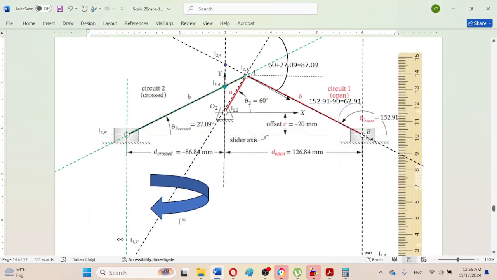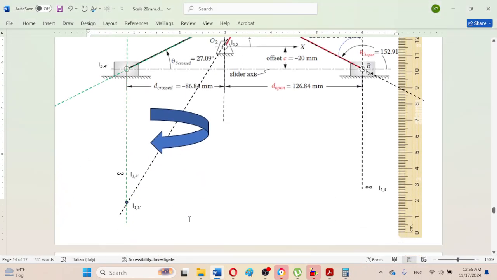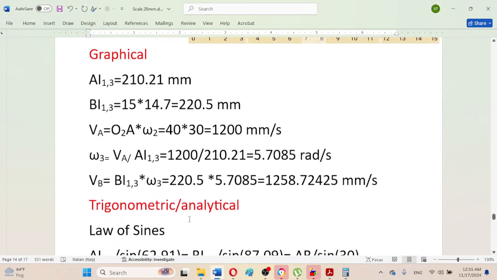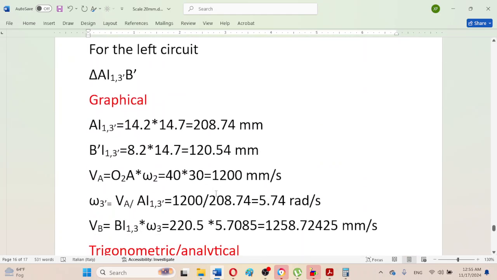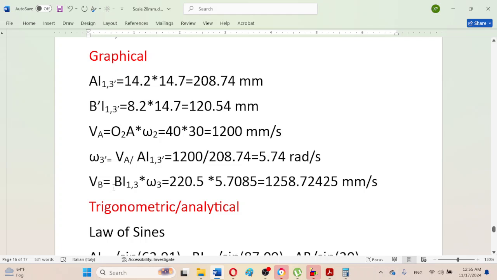So here, as it can be seen that here the velocity of B dash can be calculated for this case.